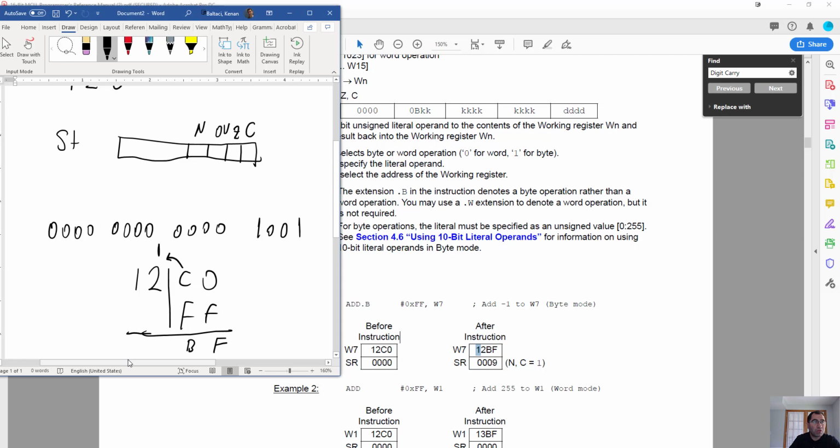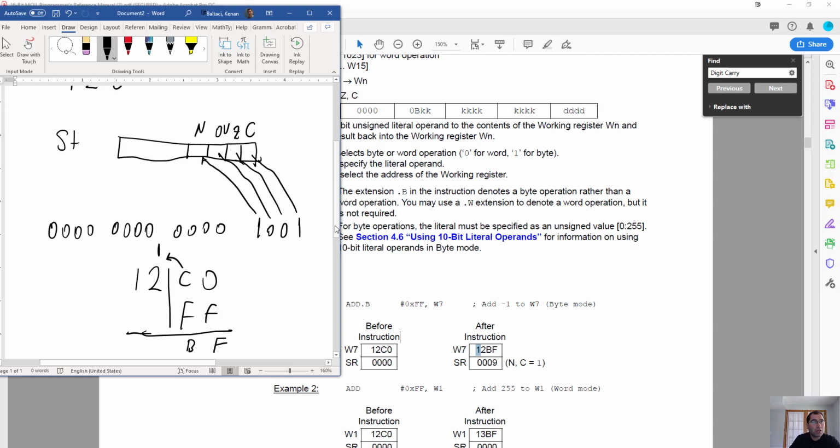Okay, so how about the negative? Why do we have the negative flag raised, right? This is for that, and this is for this one. So why is the negative flag raised?